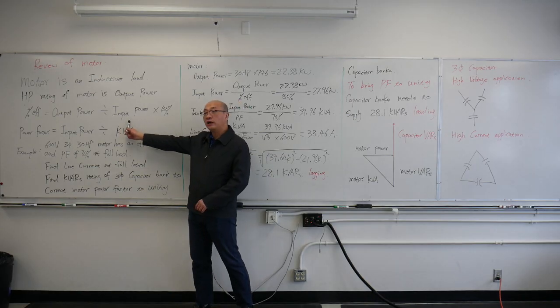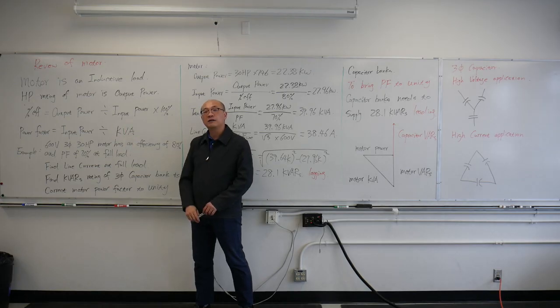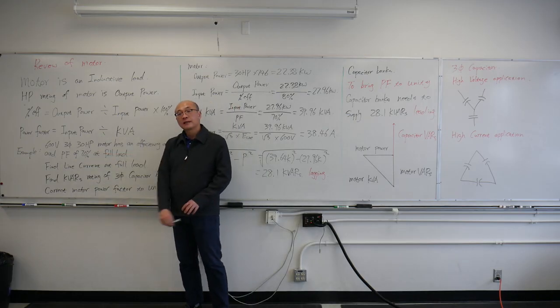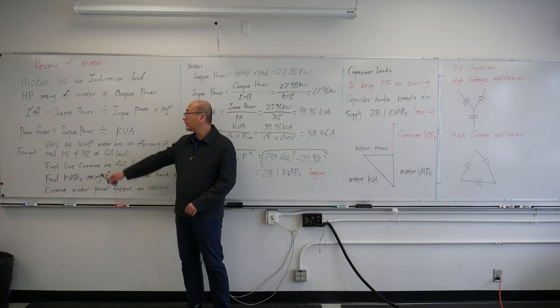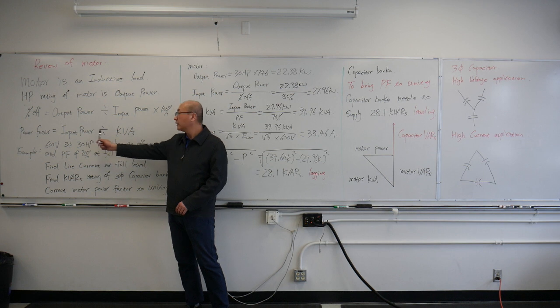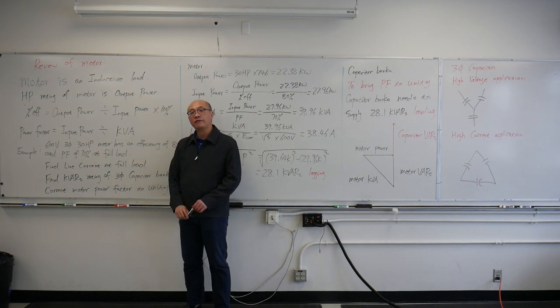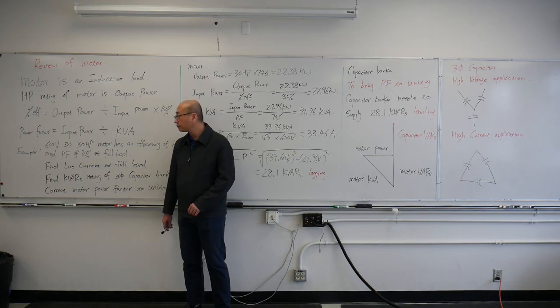The input power is the electrical power input, the volts and the current at the motor terminal. The power factor, we know, is the input power divided by the kVA. That gives us the power factor of the motor.